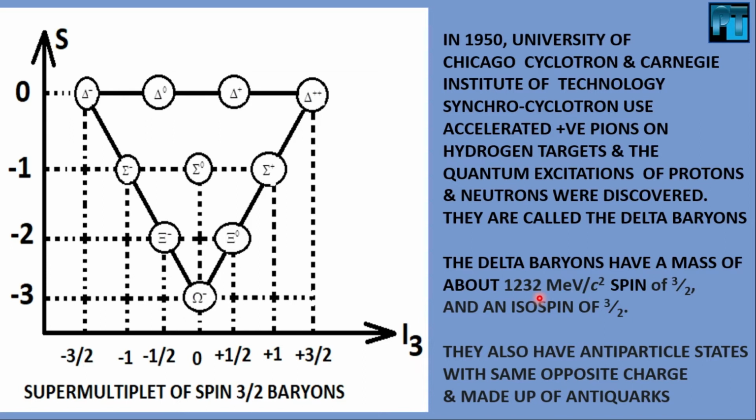Now these delta particles also have some antiparticle states made of antiquarks, but that doesn't matter. You only have to know their names, their charges, and some of their quantum numbers. From these three pictures, you can have an overview of the whole elementary particle family for your graduation syllabus.